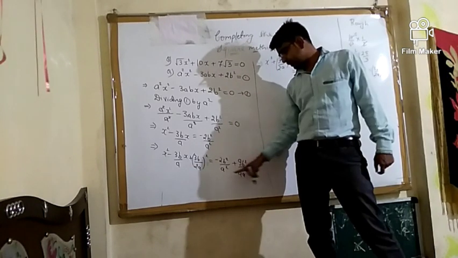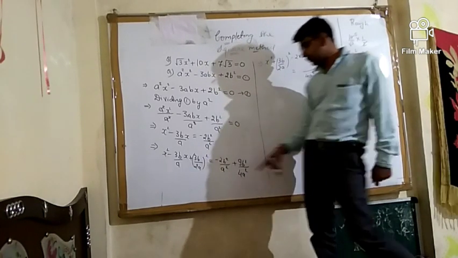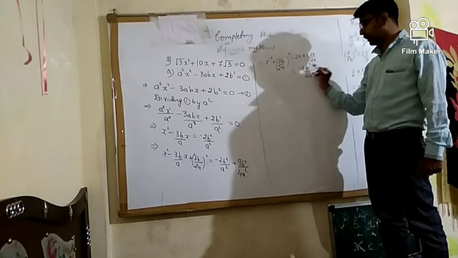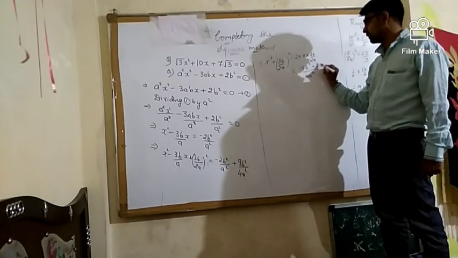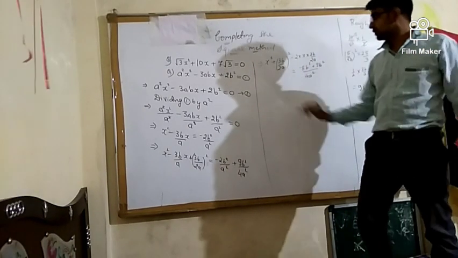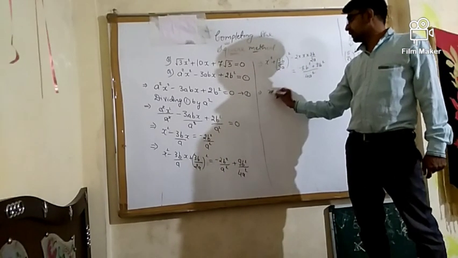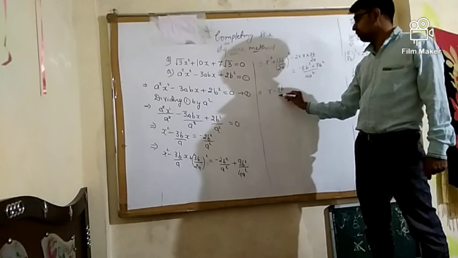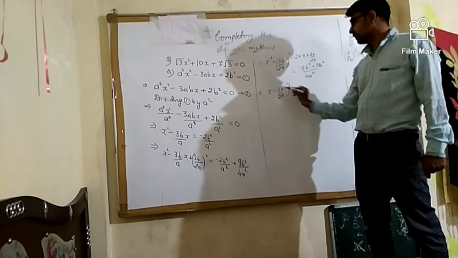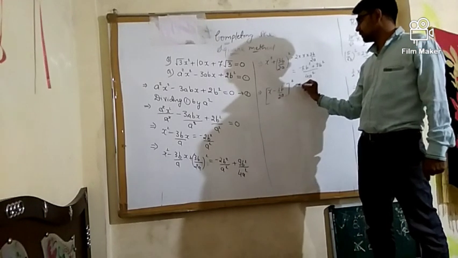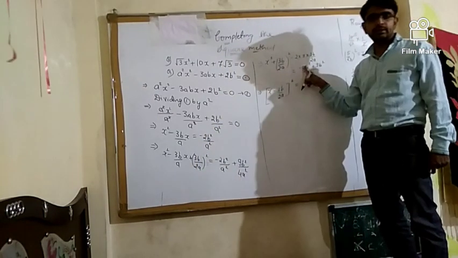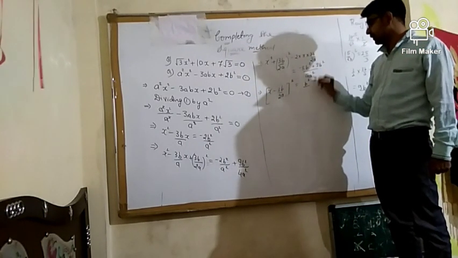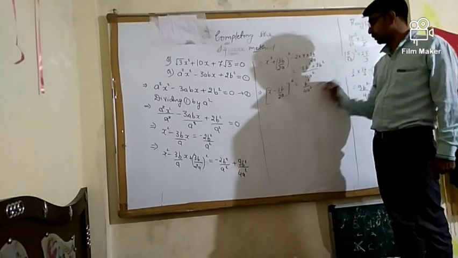Here it is a square, so 4 will be multiplied, so it becomes minus of 8b square. So I can write this as x minus 3b upon 2a whole square. 9b square minus 8b square becomes b square, and this is 4a square.